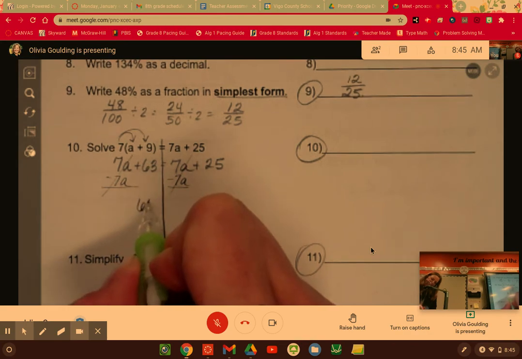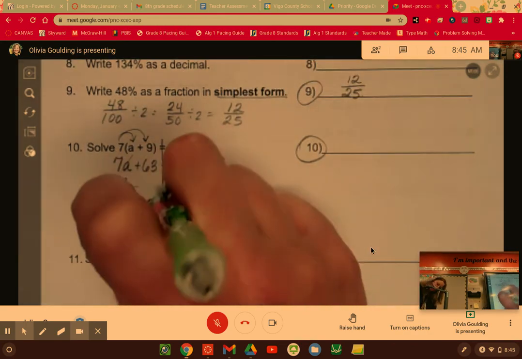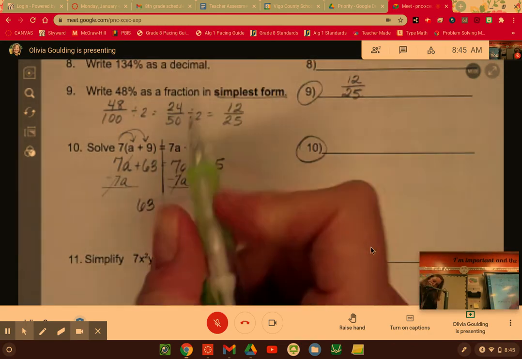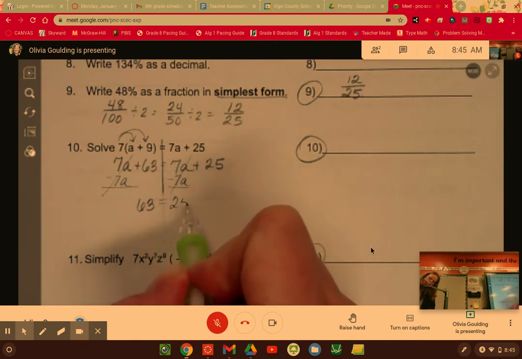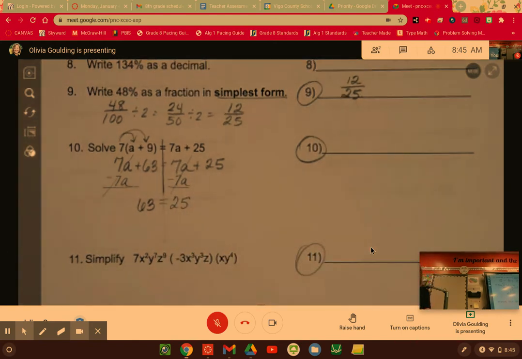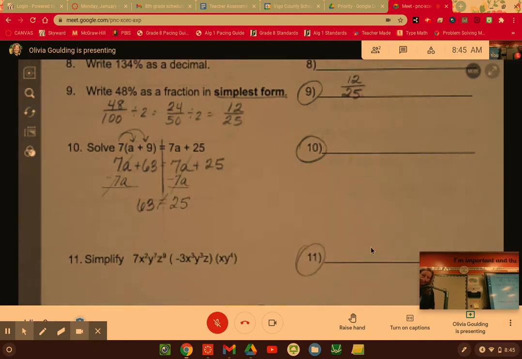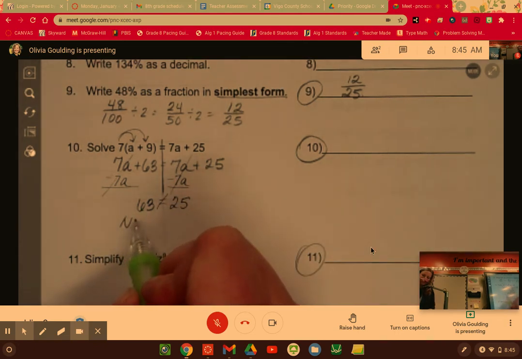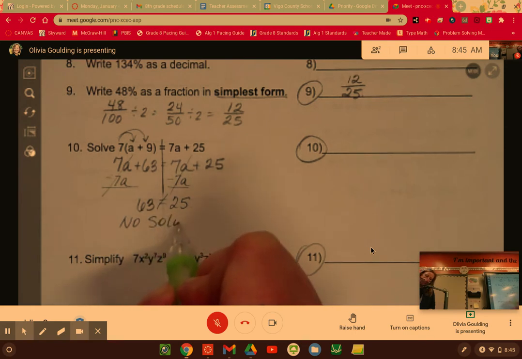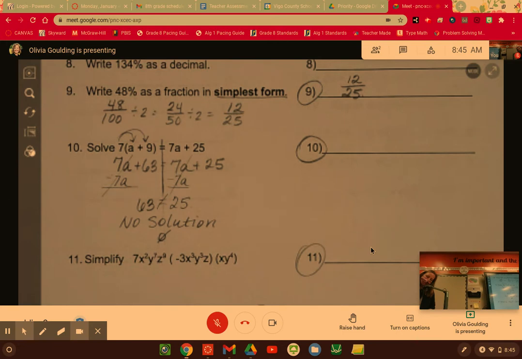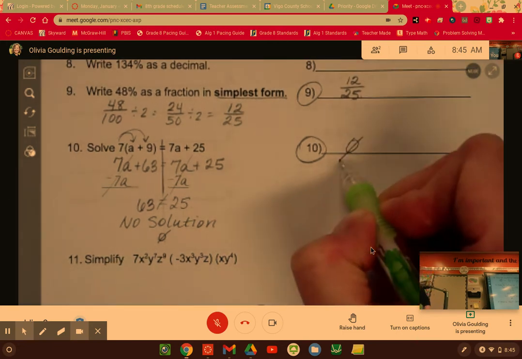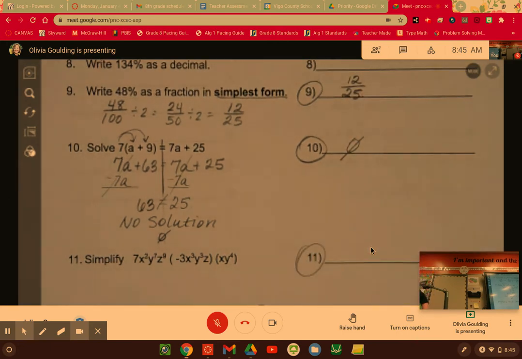So I get 63 is equal to 25. And we know that that's not true. 63 is not equal to 25. So my answer has to be no solution. Or that symbol, right? So we could just put empty set. That could be our symbol for no solution.